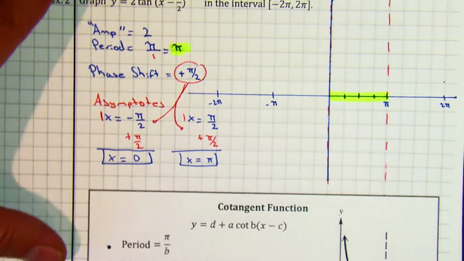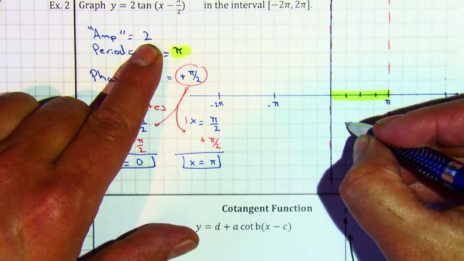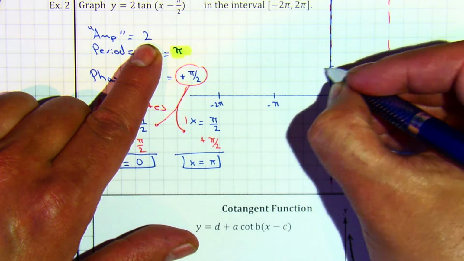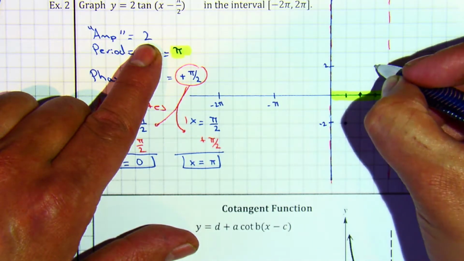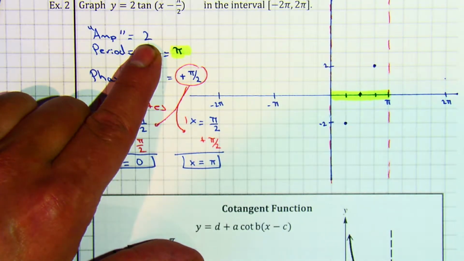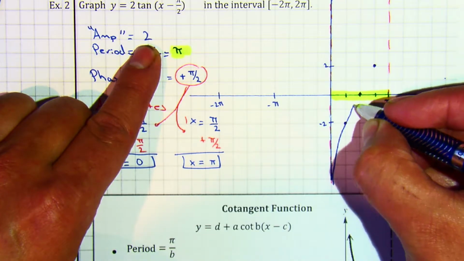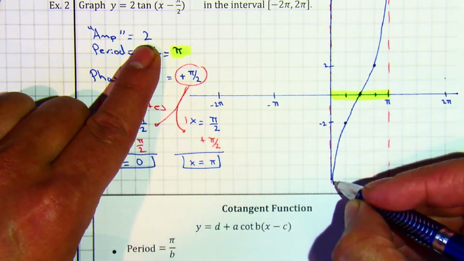And I'm going to start at negative 2, then 0, and then positive 2, and that will be my graph. It's going to follow your asymptote all the way through.